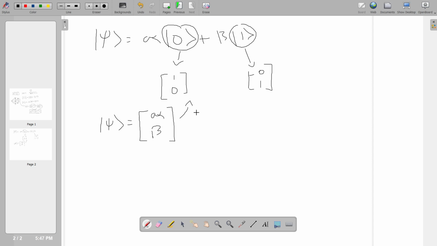Now we can see, if we have a wave function that's some part up and some part down, how do we manipulate this? There are 3 basic gates called the Pauli gates, which are X, Y, and Z, which have matrices associated with them called the Pauli matrices, which are the Pauli X, the Pauli Y, and the Pauli Z matrix.